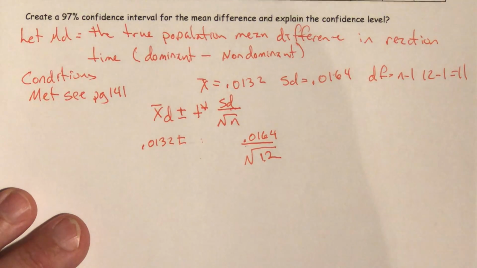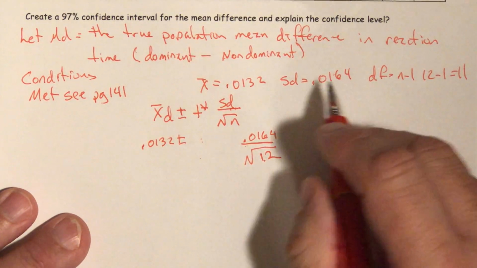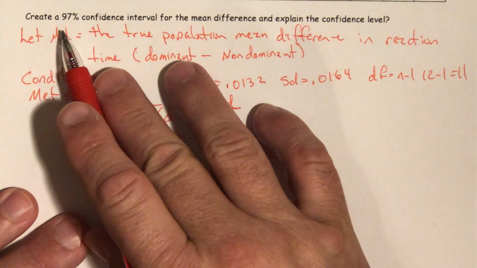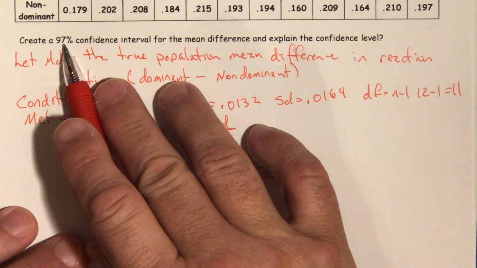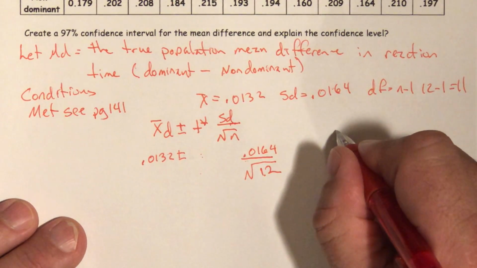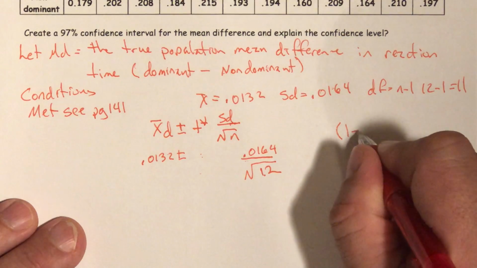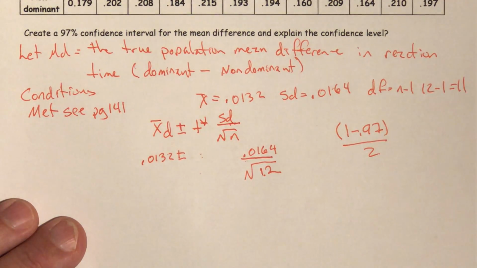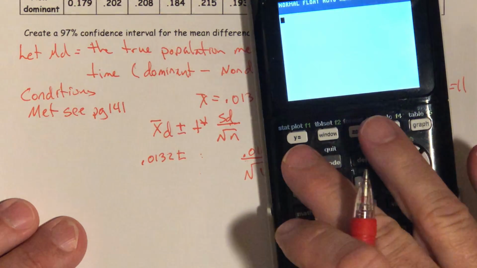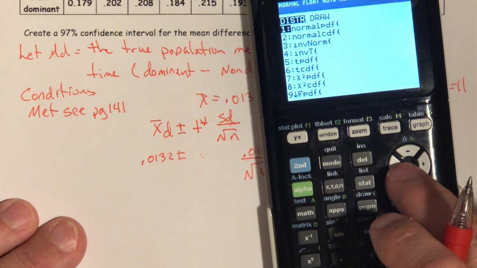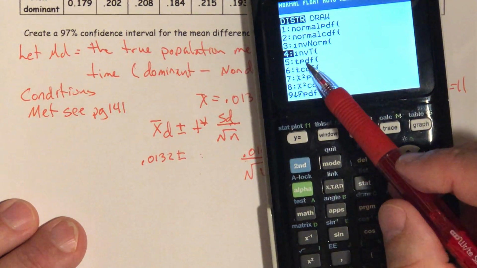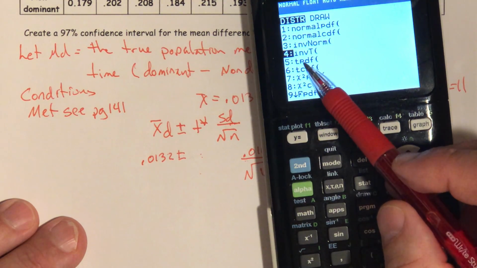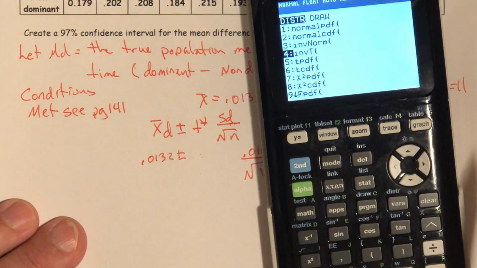Now I need to find t star. That depends on my confidence level, which in this case is 97%, so we need 1 minus 0.97, divided by 2. The easiest way is second vars, inverse t, press enter.